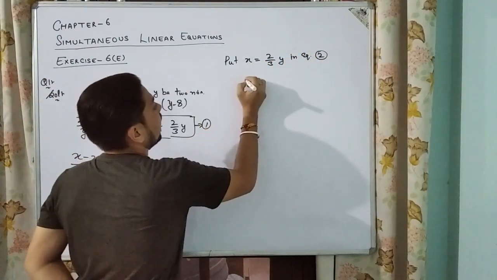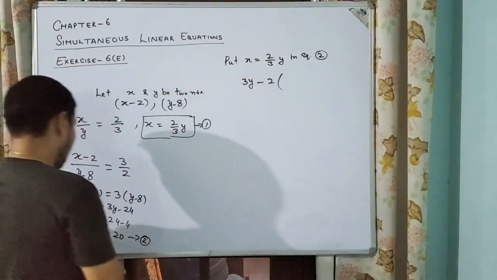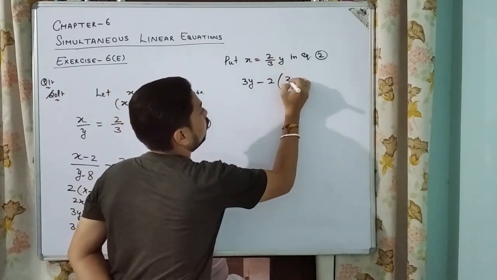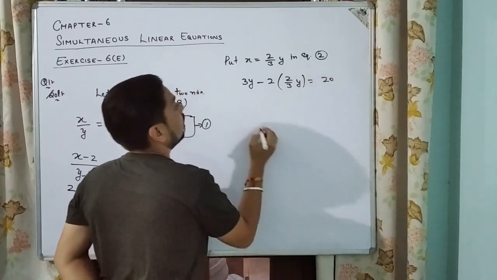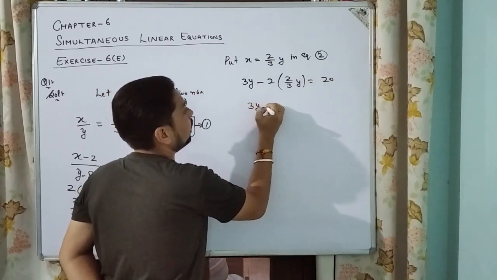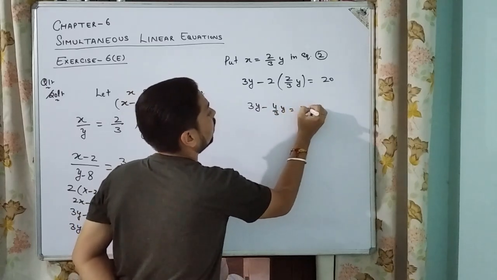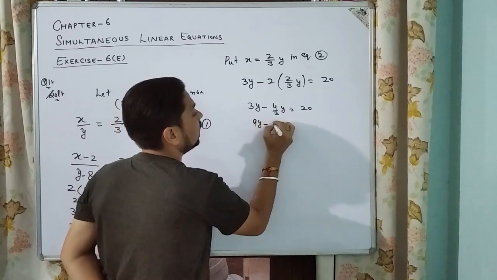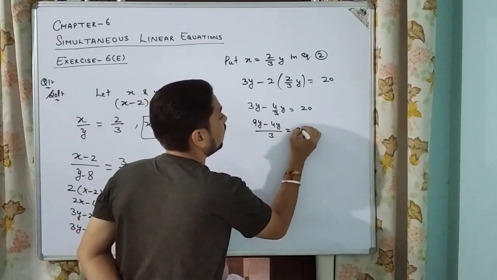We have 3y minus 2 into 2/3 y is equal to 20, so 3y minus 4/3 y is equal to 20. Take LCM: 9y minus 4y upon 3 is equal to 20.